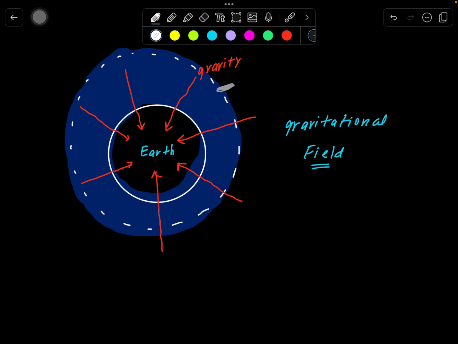Now, as soon as it enters the gravitational field of the planet, it will be attracted towards the planet and it will crash on the Earth. Okay? So, gravity is the attractive force of the planet, and the field is the region around the planet in which it's able to attract things towards itself.